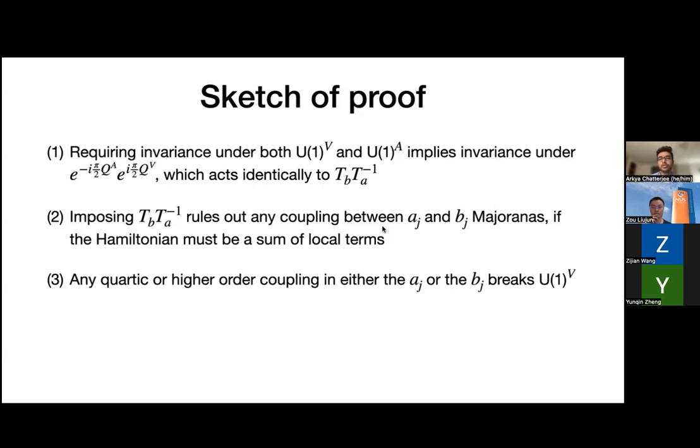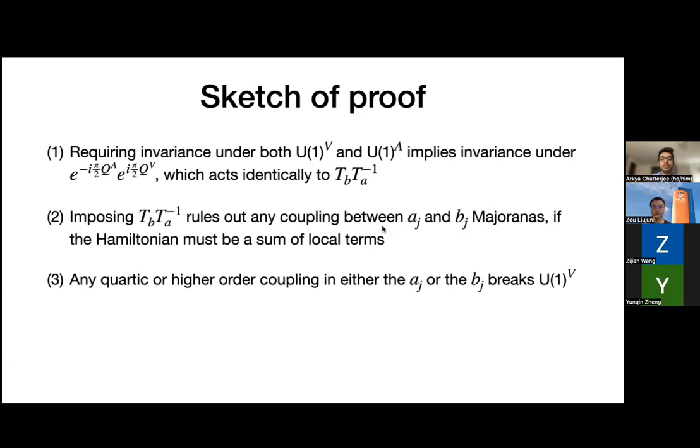So in usual contexts of anomaly matching, the symmetries in the continuum and on the lattice match at least on some subgroup, and then you can match the index associated to those subgroups. But here, because the two U1s don't commute on the lattice, I'm not sure whether one can.